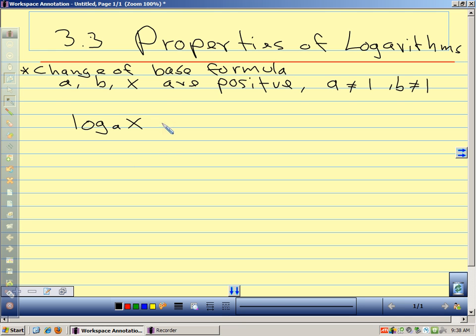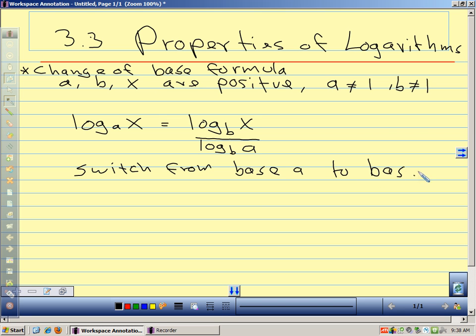Log base A of x is log base B of x over log base B of A. So we have base A, and we want to switch to base B. So we're switching from base A to base B. So this is our formula that we use.